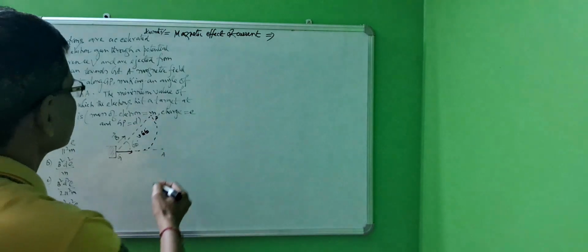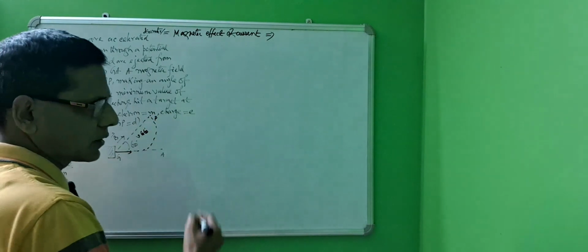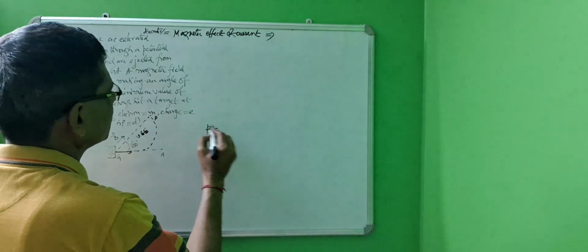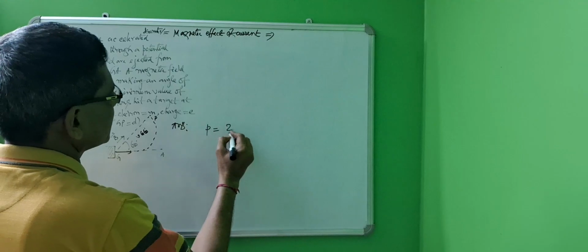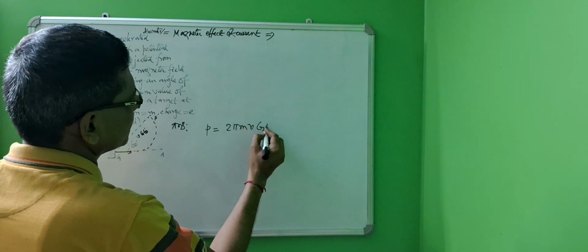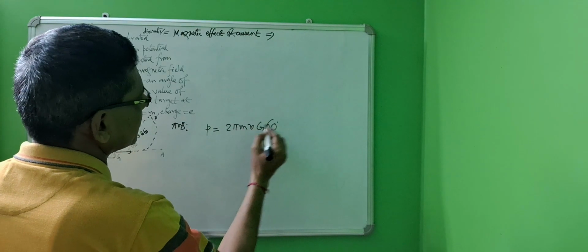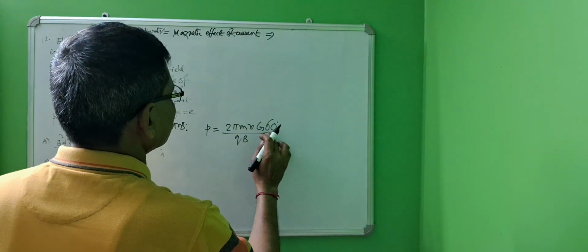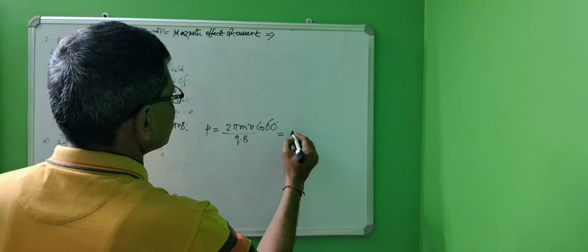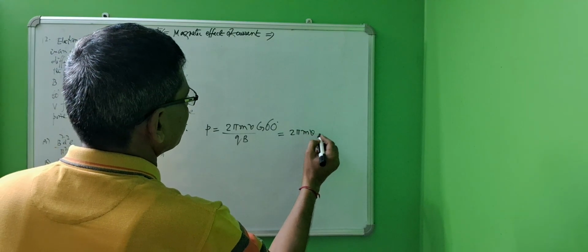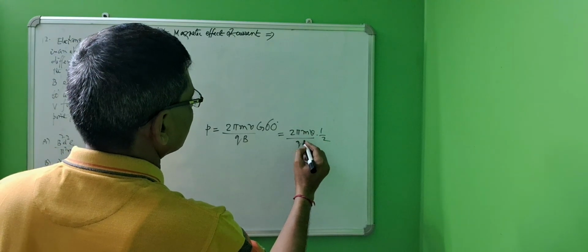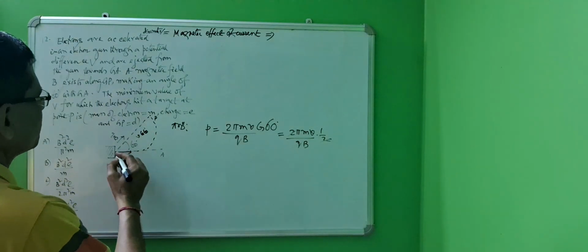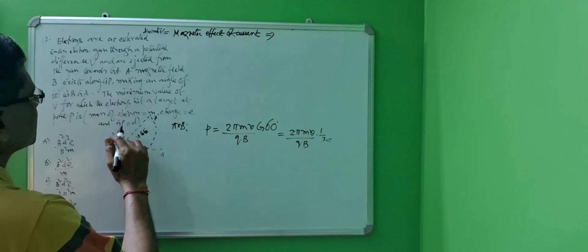So this is a case of a helical path for which the pitch P equals twice pi m V cos 60 degrees divided by QB, equals twice pi m V half upon QB. Now P should be the GP length d.